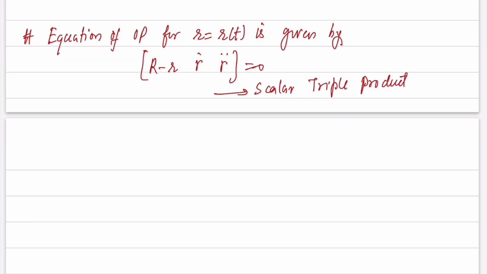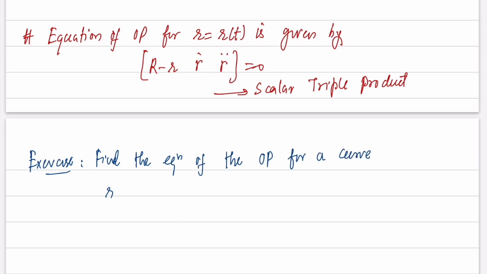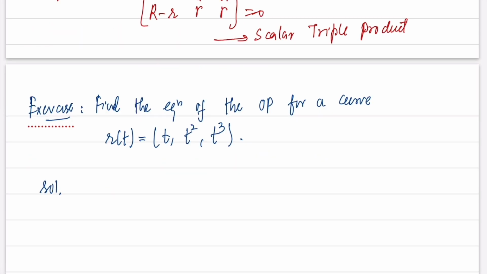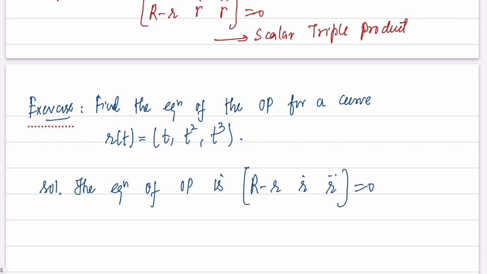Now let's take an exercise. Find the equation of the osculating plane for a curve r of t that has its three coordinates as t, t square, t cube. In the solution, we know the equation of the osculating plane is the scalar triple product of R minus r, r dot, r double dot equal to 0.